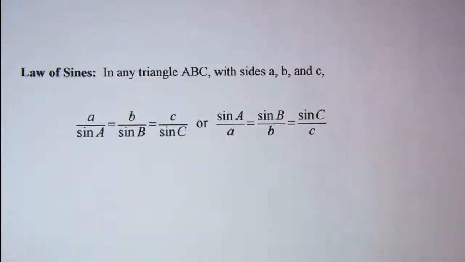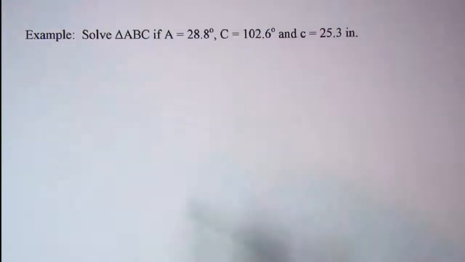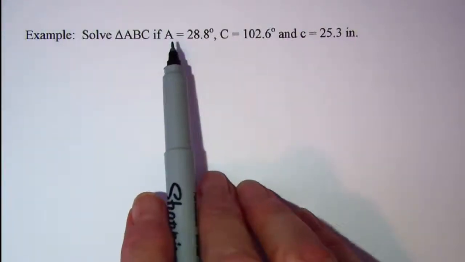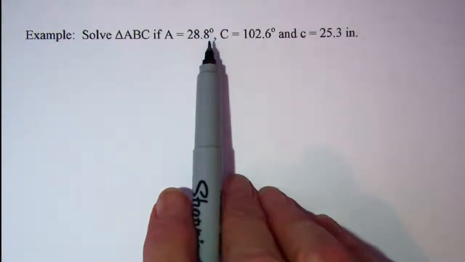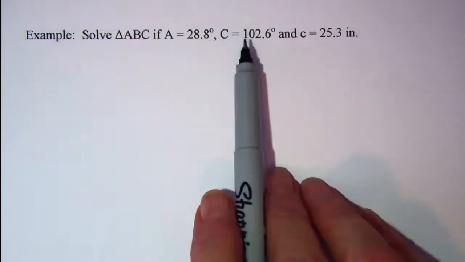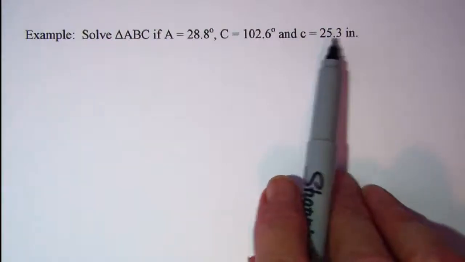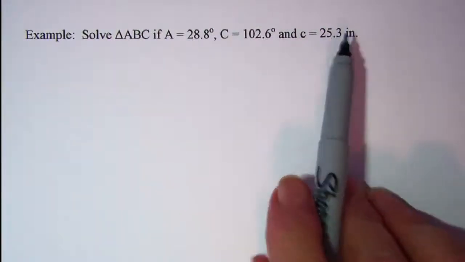So let's use this law of sines to solve a triangle. In the problem that we're going to be working with, we're told that angle A is 28.8 degrees, angle C is 102.6 degrees, and side c is 25.3 inches.